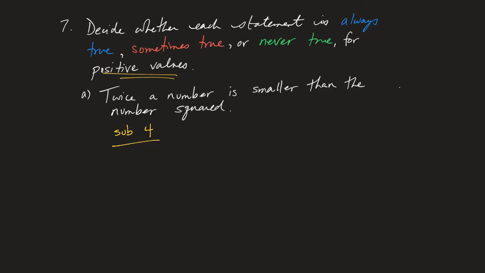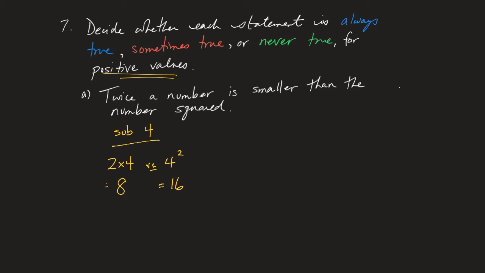Okay, so I'm going to try the first part. Twice a number means calculate 2 times that number, and I'm going to compare that, I'll write versus in there, to a number squared. So 4 squared. Well, 2 times 4 was 8 versus 4 squared, which is 16.